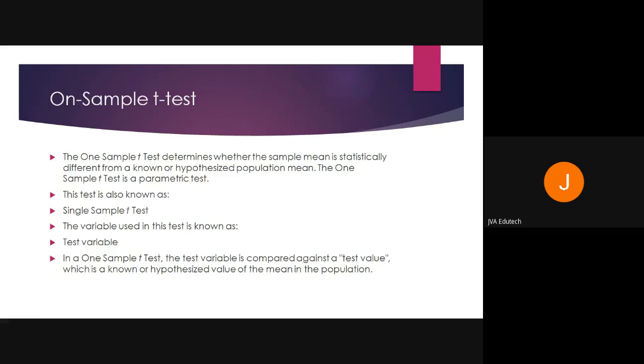You see whether it is increasing relative to the test value or decreasing. Two-tailed means bidirectional. You have a test value, or you can say a median value, and you see on which side of this test value your calculated value lies, increasing or decreasing. So normally, if I talk of a two-tailed test, it will be like this.